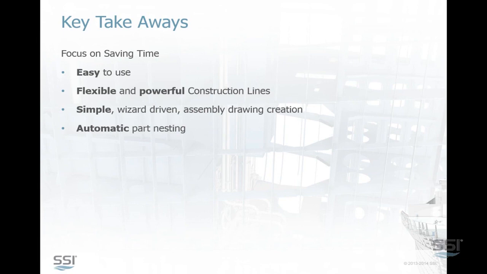In terms of assembly drawing creation, it's simple, wizard-driven, and multiple assembly drawings can be generated at the same time. And lastly, automatic nesting can help speed up the nesting side of your project and get you ready for your actual cutting.